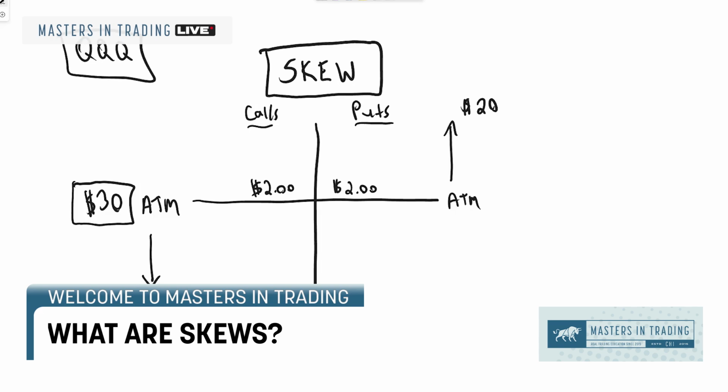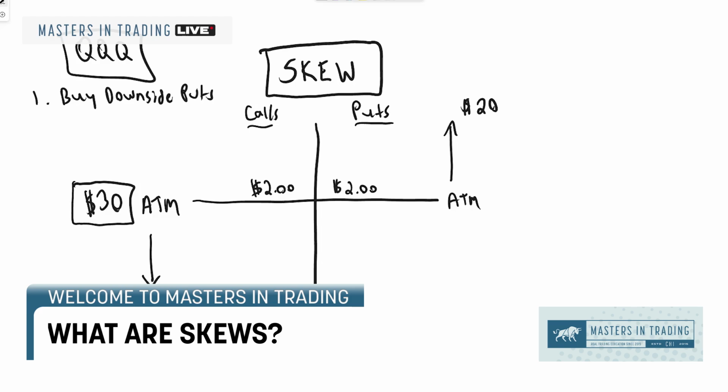QQQ, how is that skewed? Well, I want you to put what we call your common sense hat on for this. Because what are the two most popular option strategies that are used by all traders? The first one is going to be buy downside puts.